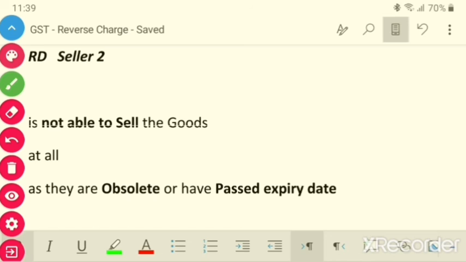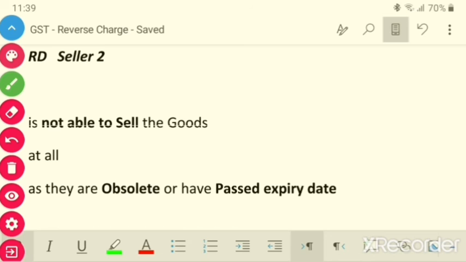Now, here there are two stages of sale. At each stage of sale, GST revenue arises to the government. Even though seller 2 has purchased from an unregistered dealer, URD, it is deemed as if he has purchased from an RD. And 18 rupees, if it is collected by the government in the name of reverse charge, that 18 rupees will reach the government treasury.